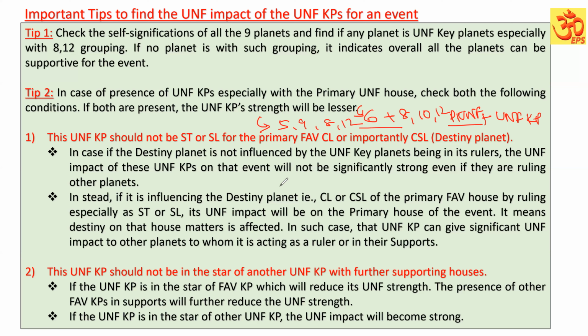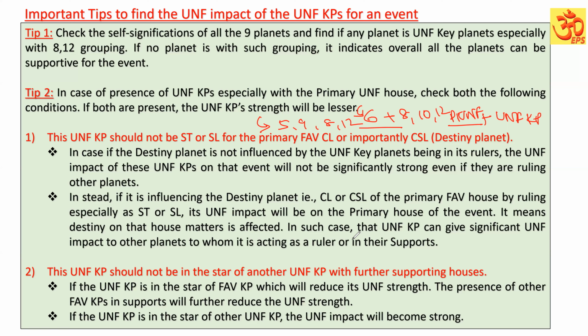The next point: if this unfavorable planet is present in a star, check its star lord. If the star lord of this planet is not further unfavorable, if it is favorable, the unfavorable strength is going to be reduced. So if the unfavorable key planet fulfills these two conditions, its unfavorable impact will not be strong.